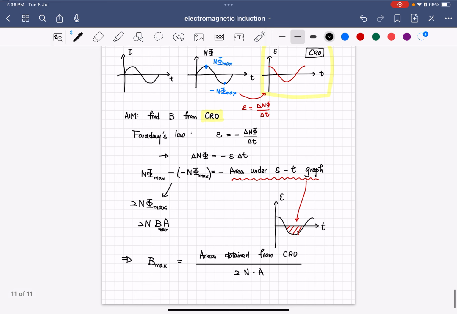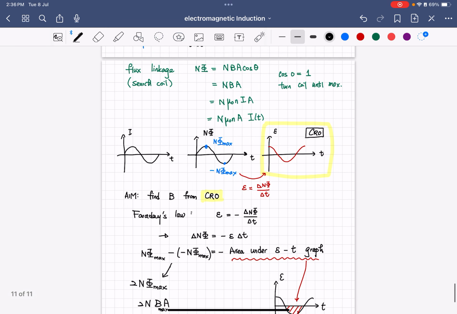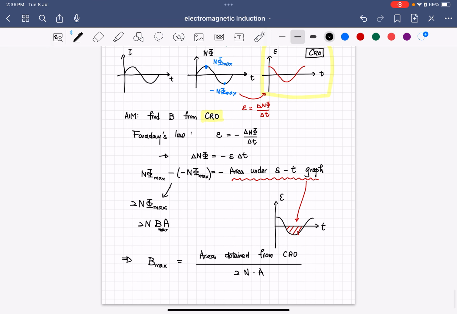So this is how we can find the magnetic field using a search coil.